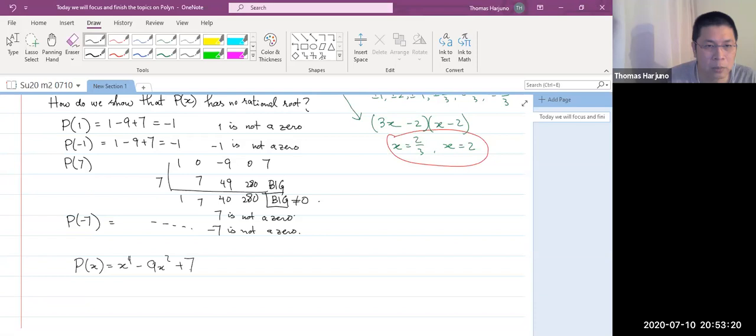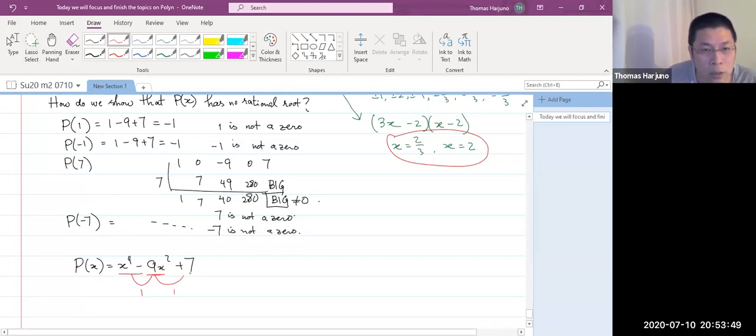There are real numbers, but they are not rational. Okay, now according to Descartes' rule of sign, it must have 1 positive zero. Oh no, actually 2.